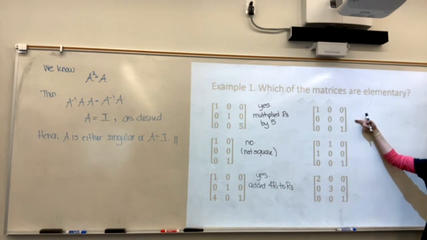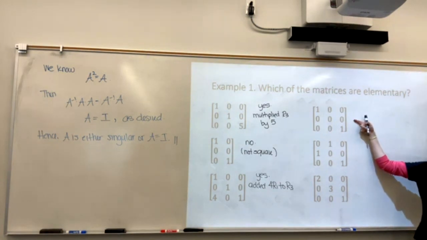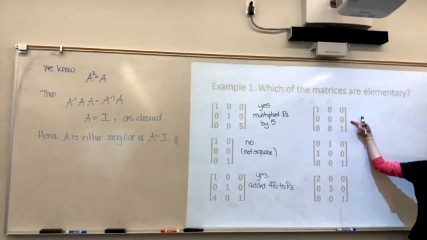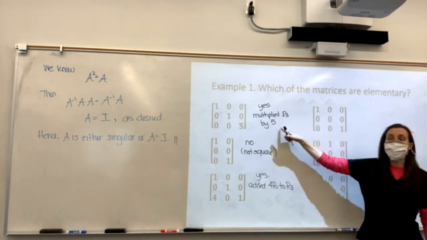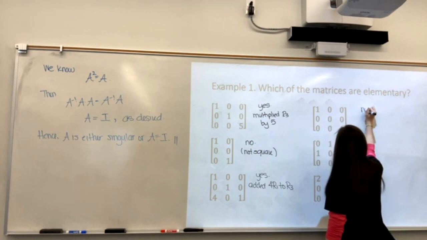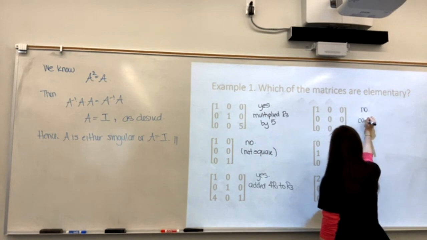All right. What about this one? No, because I would have to multiply by 0, right? And the rule is you have to multiply by a non-zero constant, right? So no, can't multiply by 0.